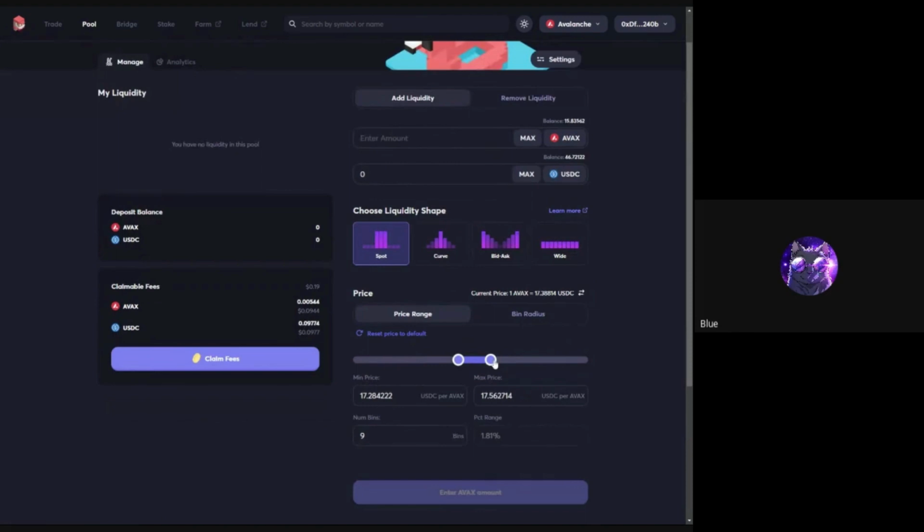And so I think David was just explaining, you can go really concentrated. So I can use the UI here to help me do that. So I can deploy over 5 bins. I can go up to 20, and I can be very one-sided. I can try and keep it even, using the sliders to help me position more of a 50-50 ratio of AVAX and USDC. I can basically go over a wide amount of bins, but with one side of the market.